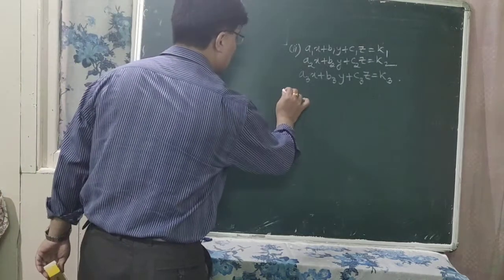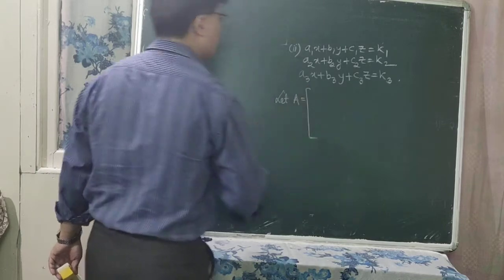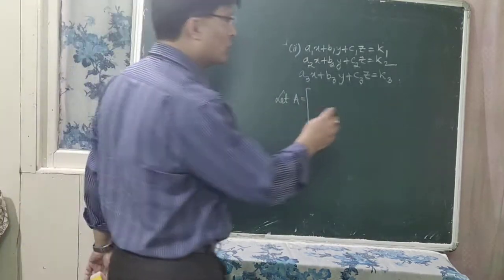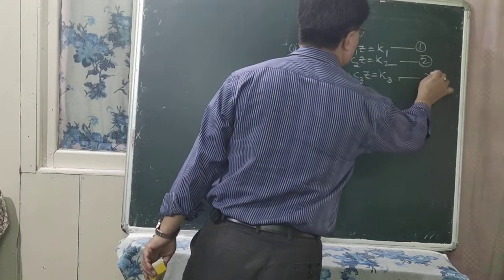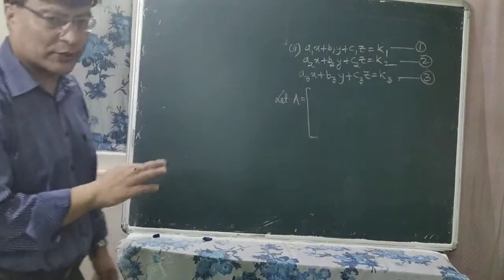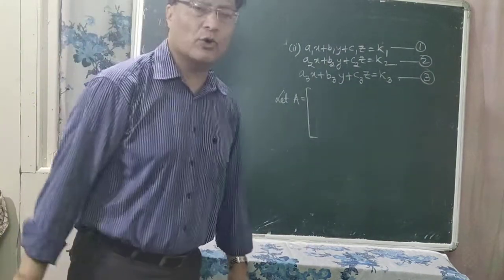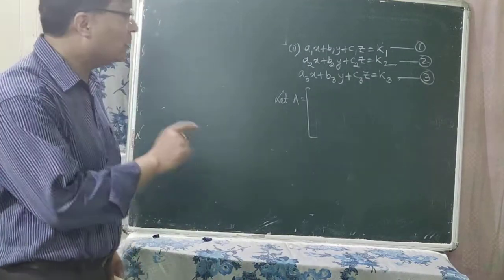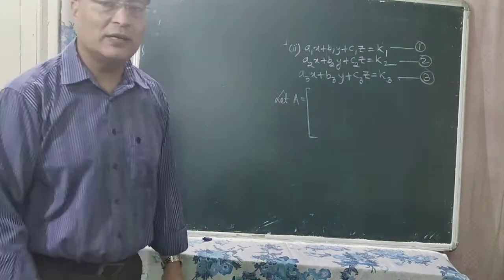Okay. So let here also capital A be equal to, now this is the coefficient matrix. That means from equation 1, let us assume it as number 1, this as 2, this as 3. Equation 1, equation 2 and equation 3. So let us write down the coefficient matrix A. In the first row, you will write down the coefficients of x, y and z from the first equation.